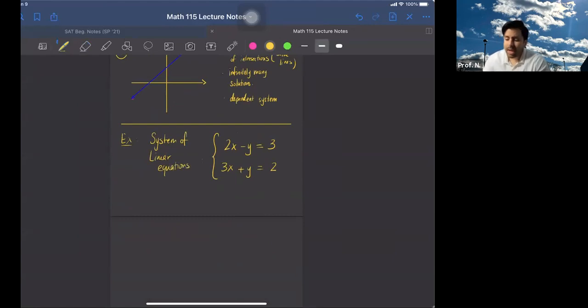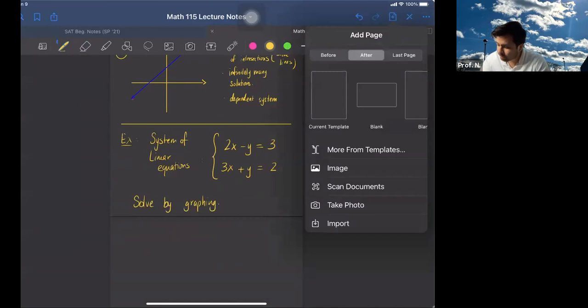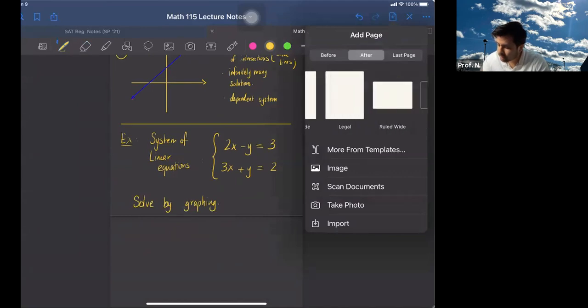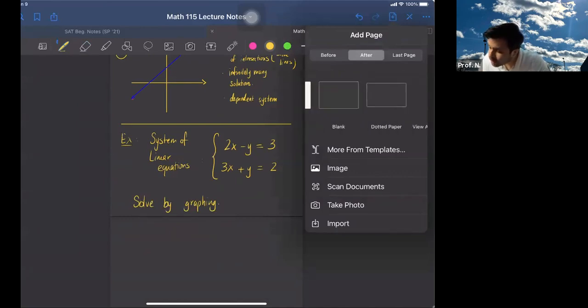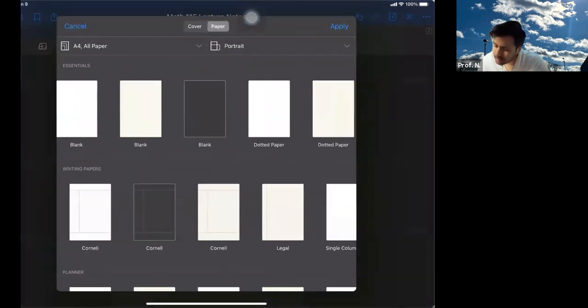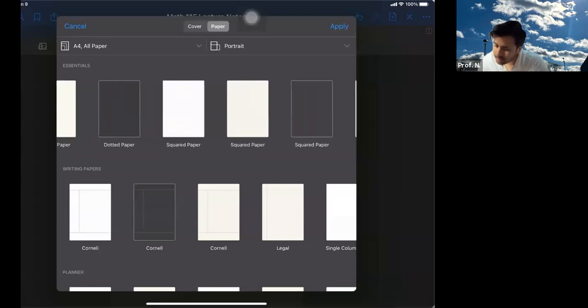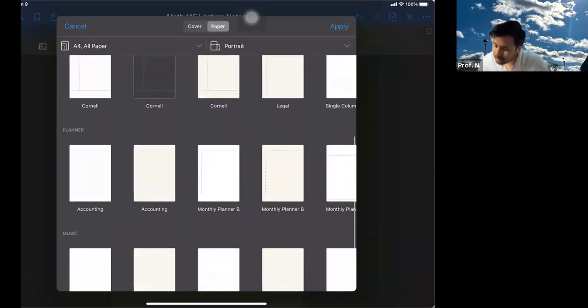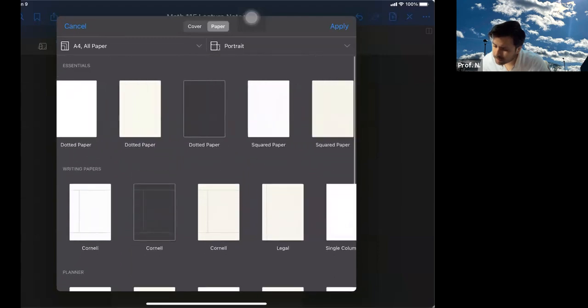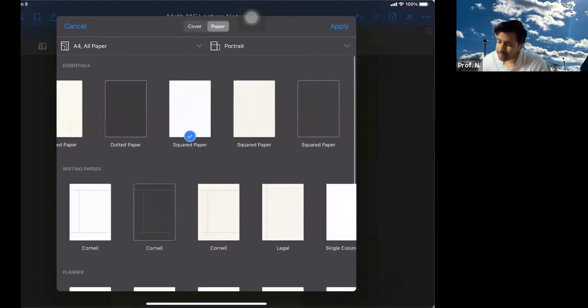And now, how do I solve this? I want to solve by graphing. So I'm going to use graphing paper for this. Square paper, there we go.